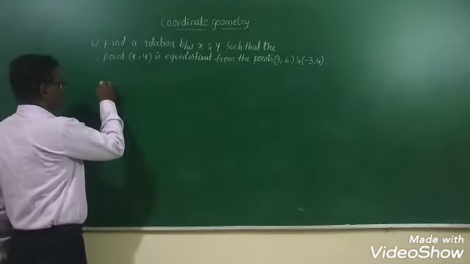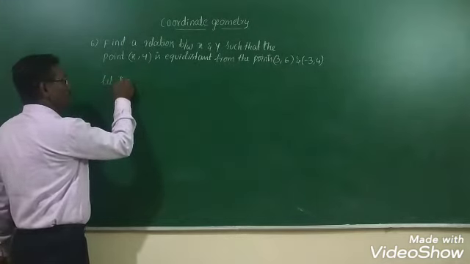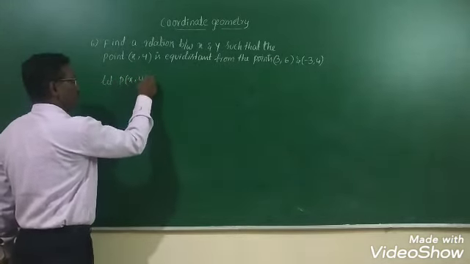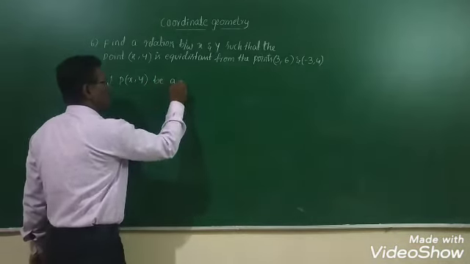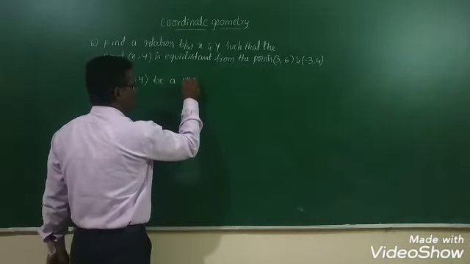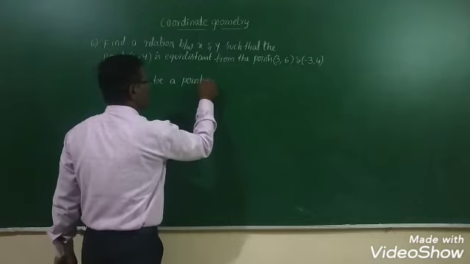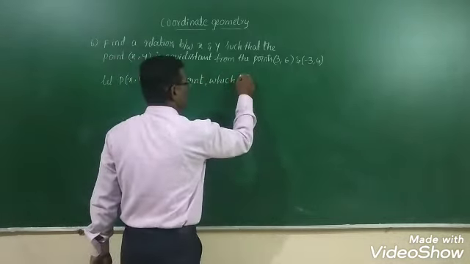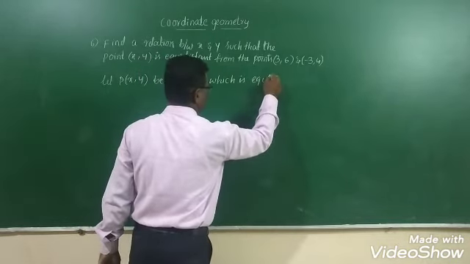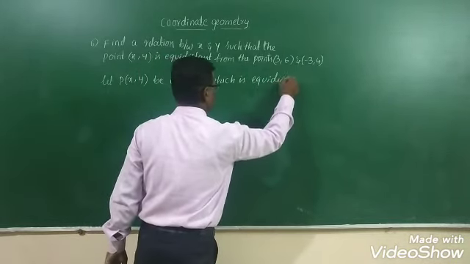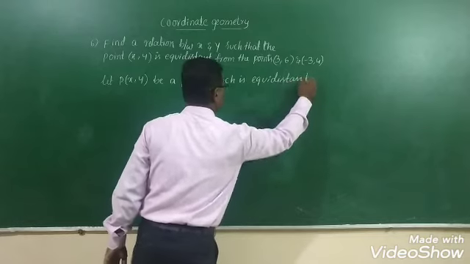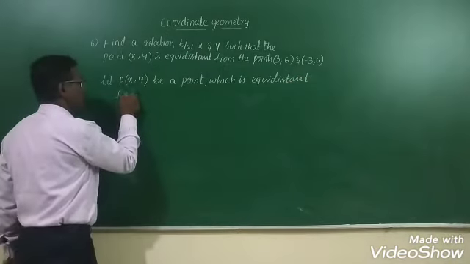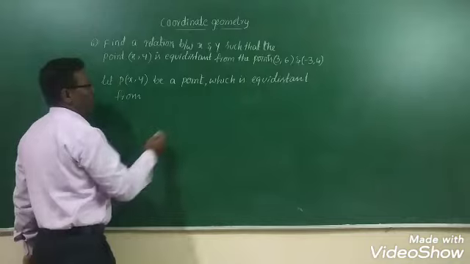Here the point x comma y, let P of x comma y be a point which is equidistant from the points.